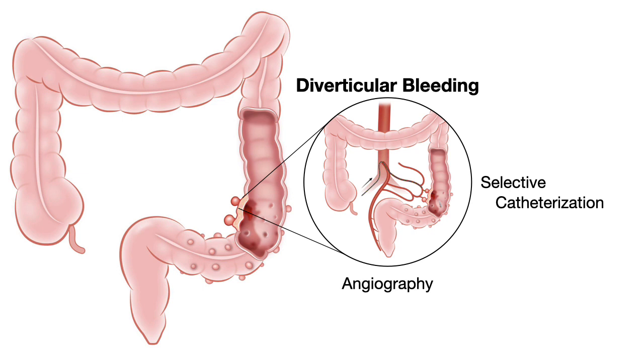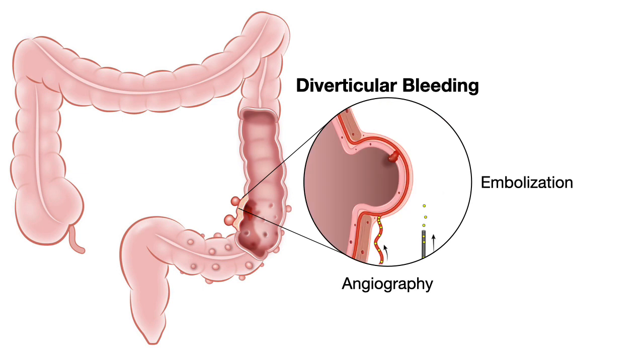And once you subselect the feeding artery to that diverticulum that's bleeding, when you inject contrast, you will see a blush confirming active bleeding. And then you put in coils or thrombin or some form of embolization material to plug that bleeding vessel and stop the bleeding.